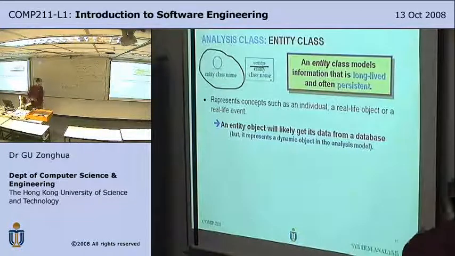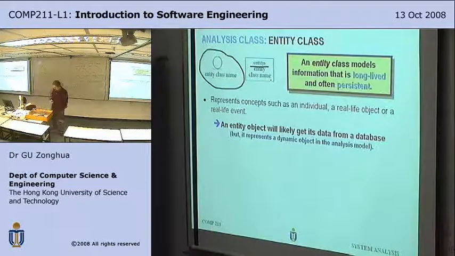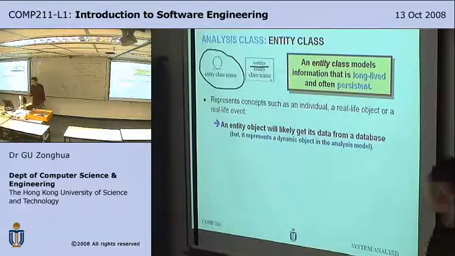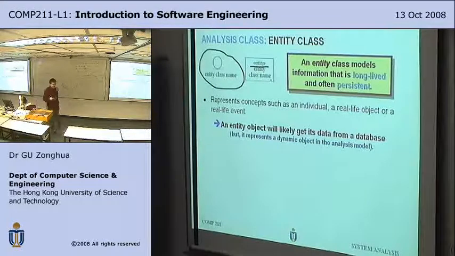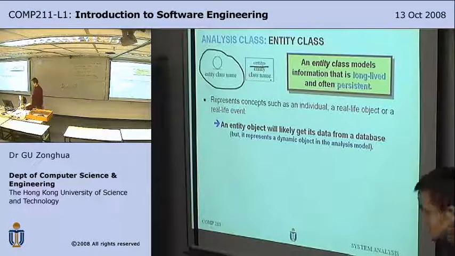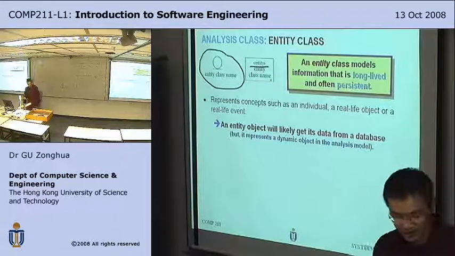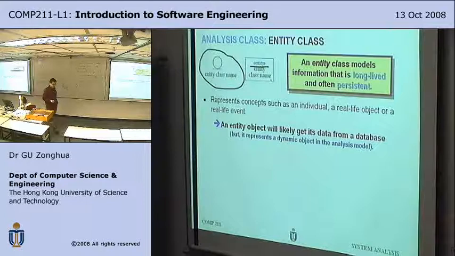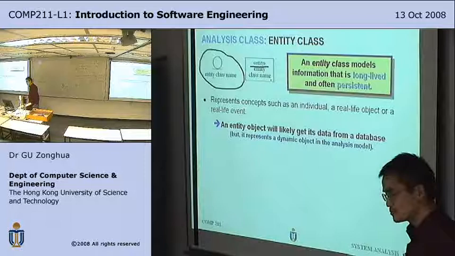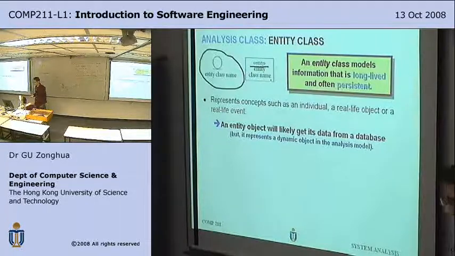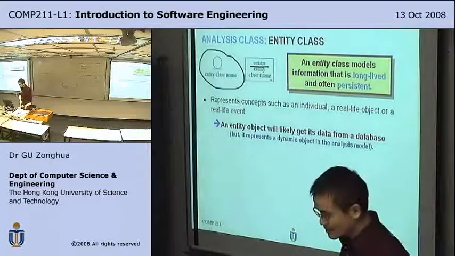So notice the distinction here. In the database, you have a student table, right? And it is designed with the class diagram in the domain model. Then you map it into a database schema, and you fill in the database with perhaps 200 students. That's a table sitting on the disk.